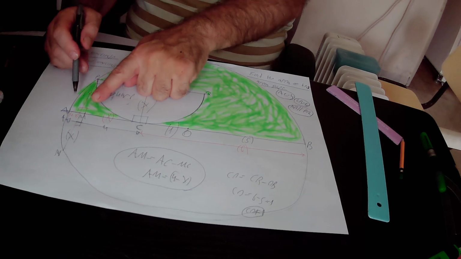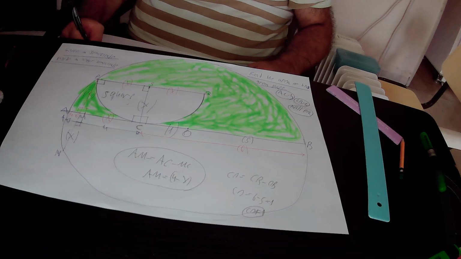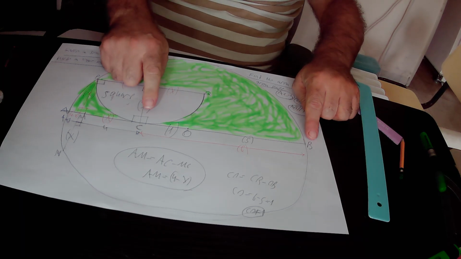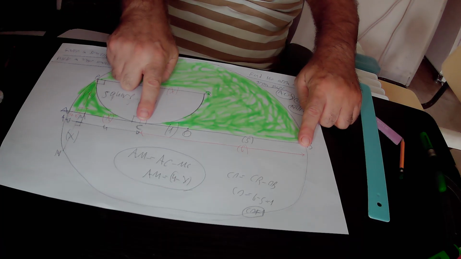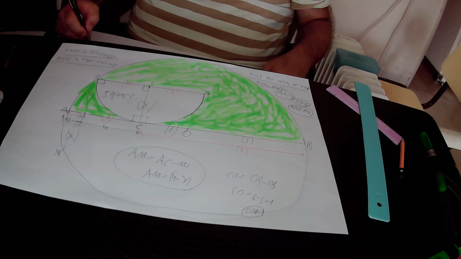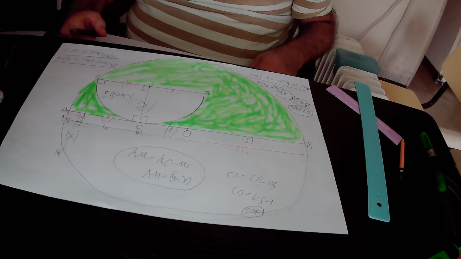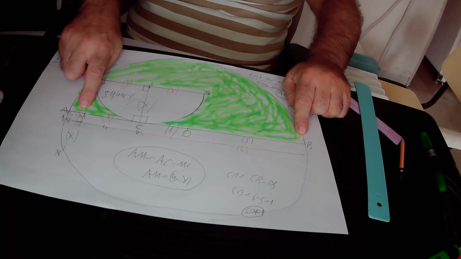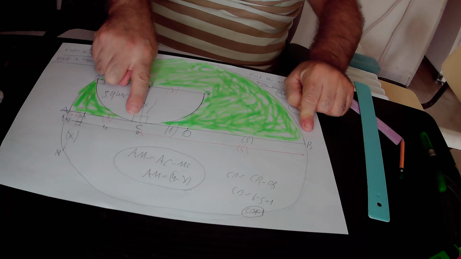We already found out that AM equals 4 minus X, times MB. MB equals MC, that is X, plus CB, that is 6.